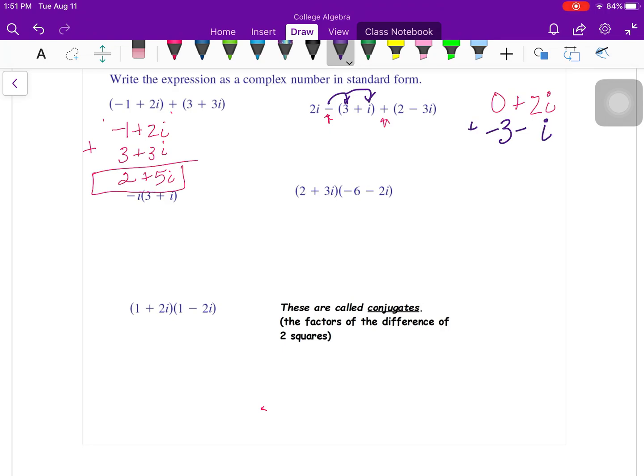And then when I put that positive through, I get plus 2 minus 3i. 0 plus negative 3 is negative 3, plus 2 is a negative 1. 2i minus i is positive i, minus 3i is minus 2i.